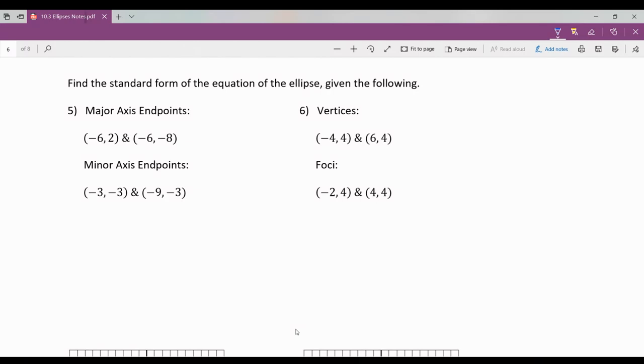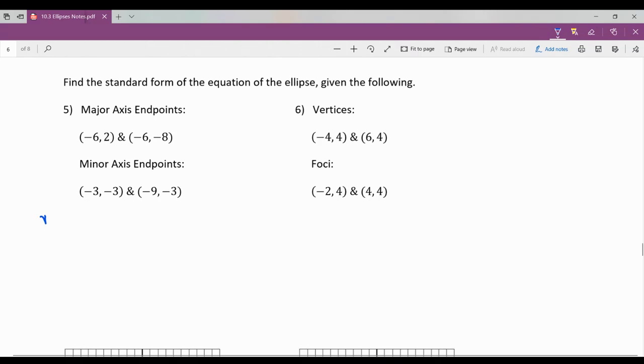So we can always find my center by doing the midpoint equation for either the major axis endpoints, the minor axis endpoints, or the foci endpoints. It does not matter which one you do, it will always wind up working out.